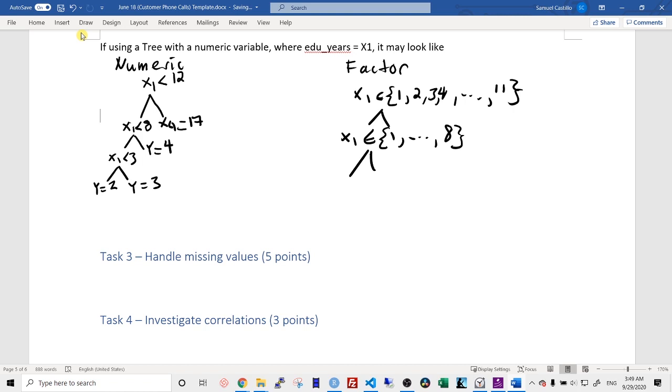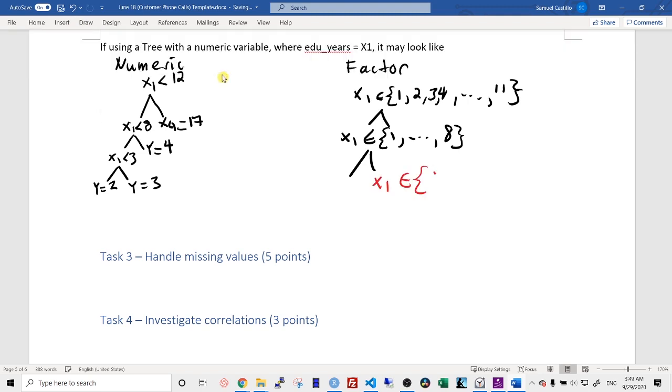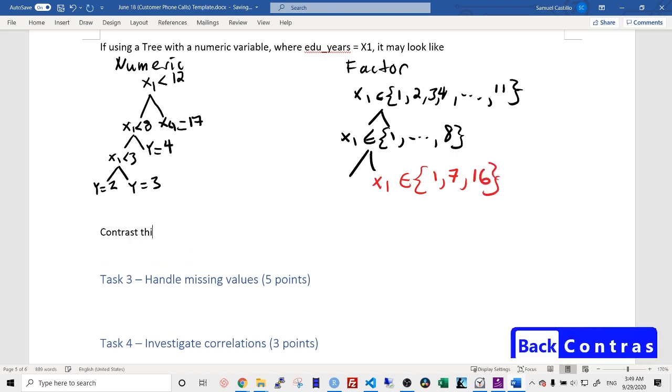So it could functionally do the same things. It could fit the same model. It would be more complicated. And you could also have discontinuous possibilities. Like hypothetically, you could have a split where it says, is x1 1 or 7 or 16, right? So this is non-linearity. Contrast this with a GLM, which can only do the following.